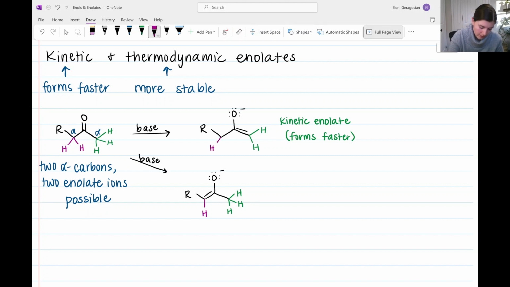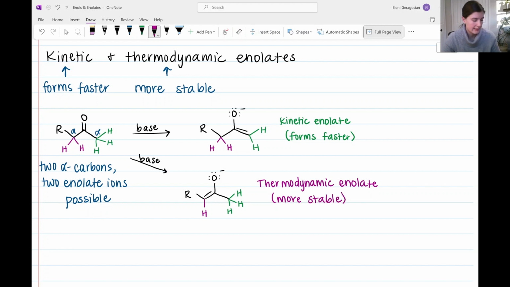And in our first product that we drew, we still have those 2 purple hydrogens. So the second enolate ion that we drew, with the carbon-to-carbon bond towards the left of the molecule, is the thermodynamic enolate. This is more stable.